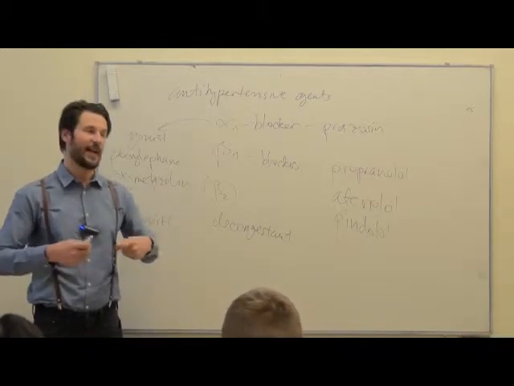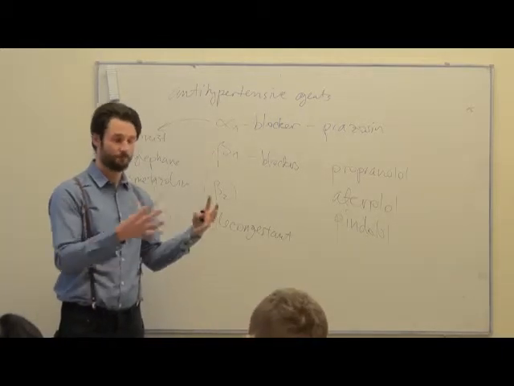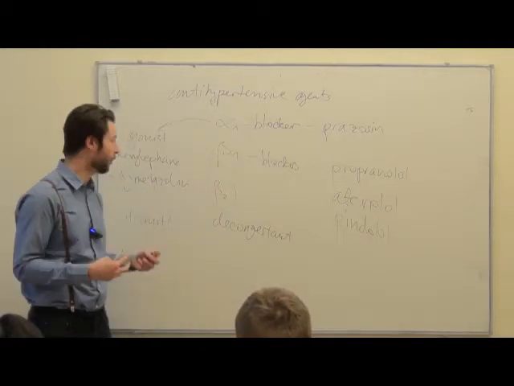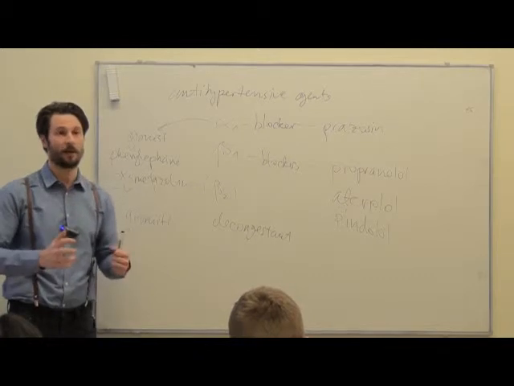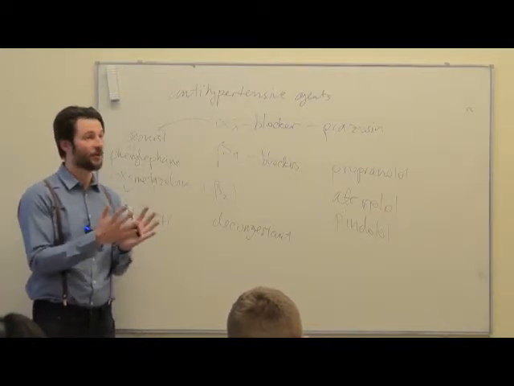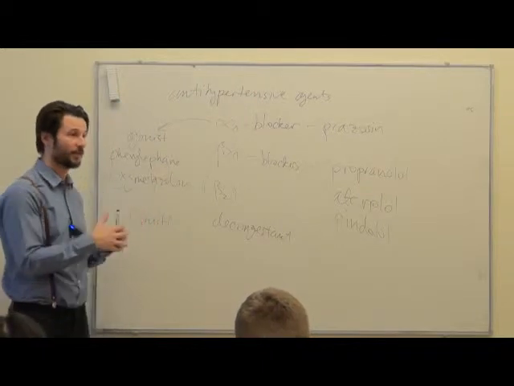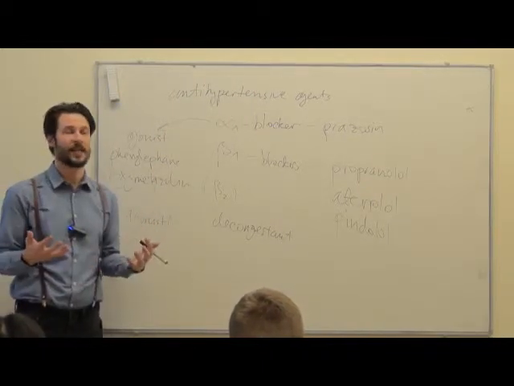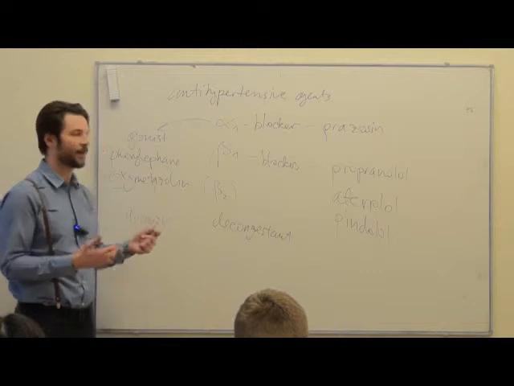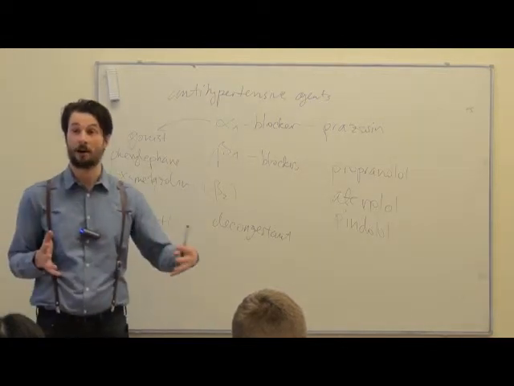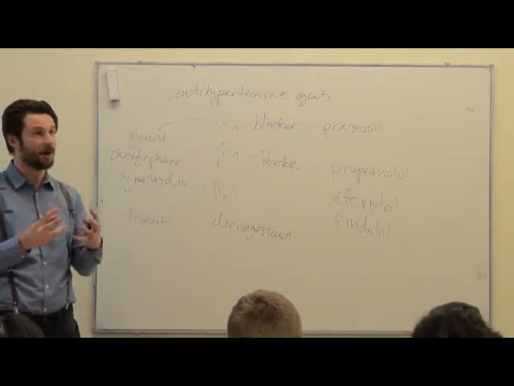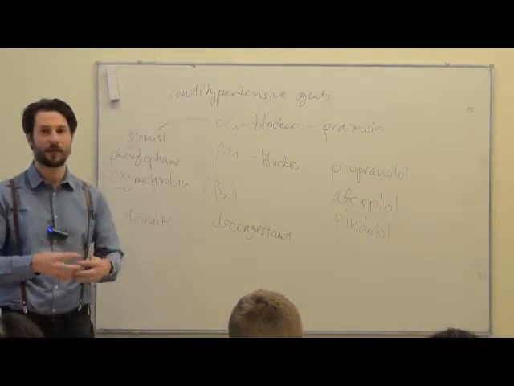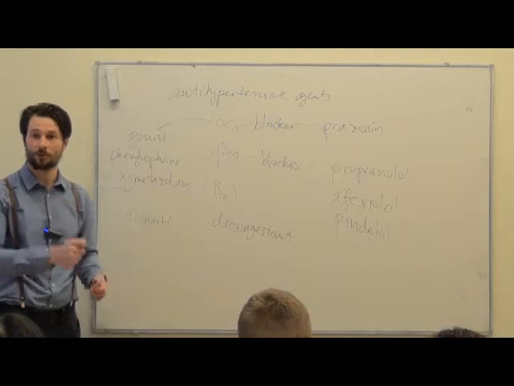So if you have very acute heart failure, you would use a beta-1 agonist to basically whip the heart into working harder. But this can only be used for a very short period of time because obviously the heart will not take that forever. So beta-1 agonists are not used for chronic heart failure. But in acute cases, where for some reason the heart is just not working hard enough, we can use beta-1 agonists just to whip it a bit more.